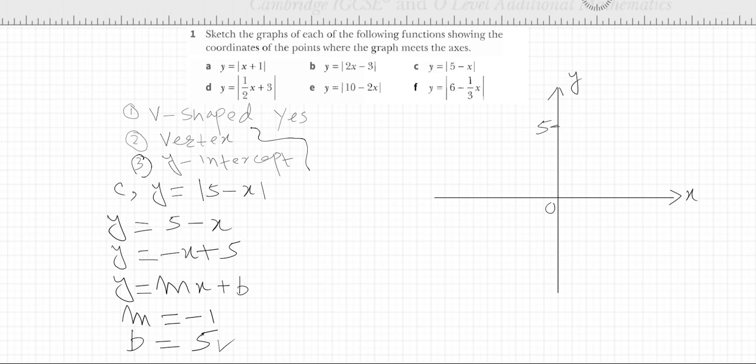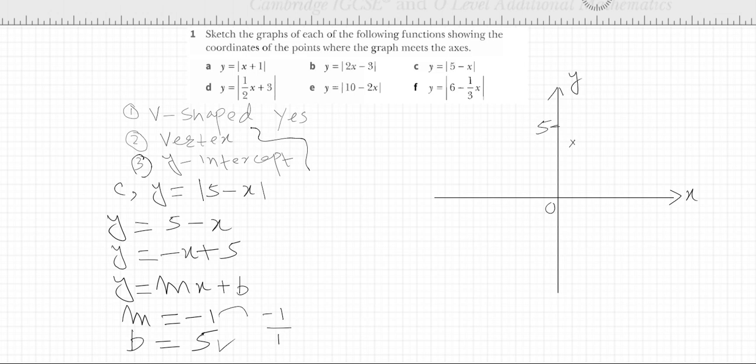Now the second step is to focus on the value of gradient. Rise upon run. Rise is -1 and run is 1. Make 5 as a reference point. -1 means go 1 unit below, and run means 1 unit right side.